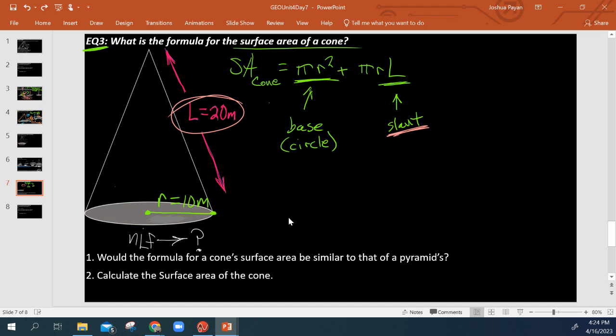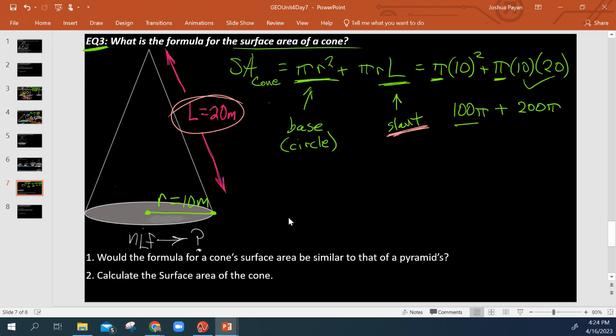So let's go ahead and practice using it real quick. So pi r squared, so pi times r squared plus pi times r times the slant length, which in this case is 20, and we've got everything we need. 20 times 10 is 200 times pi is 200 pi, plus 10 squared is 100, so 100 pi.